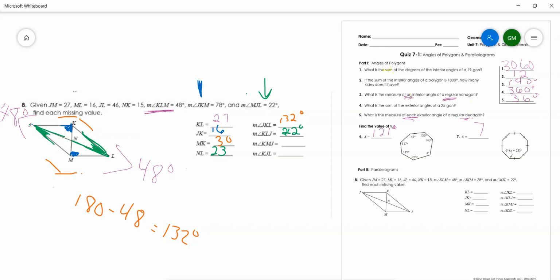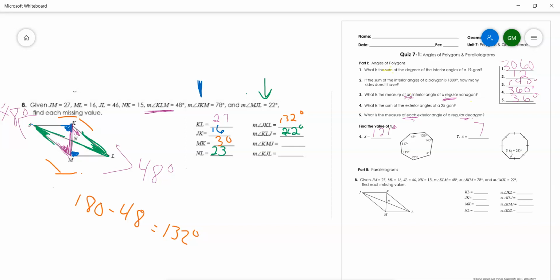All right. And then the next angle they want us to find is KMJ. Now KMJ, if we look at this, K followed around, KMJ, that's the other part of the blue angle.